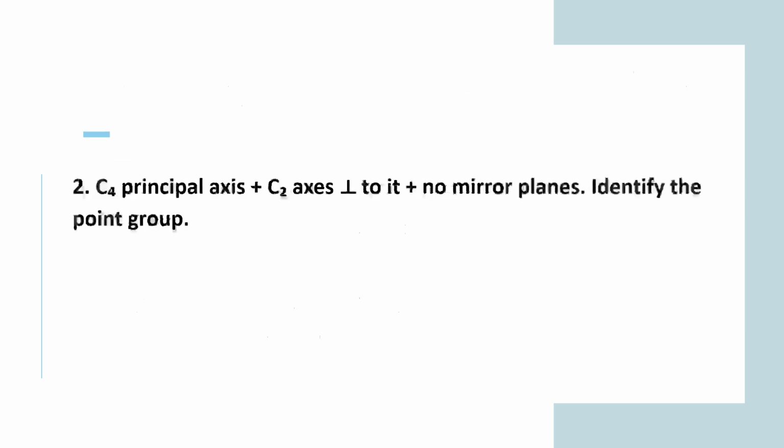We have another conceptual question here. We have a crystal with a C4 principal axis, along with three C2 axes perpendicular to it, and it does not have any mirror plane.